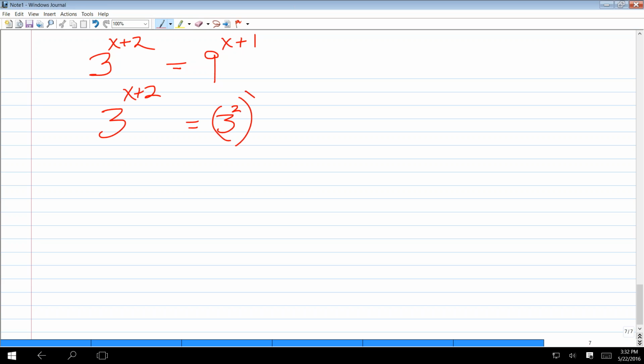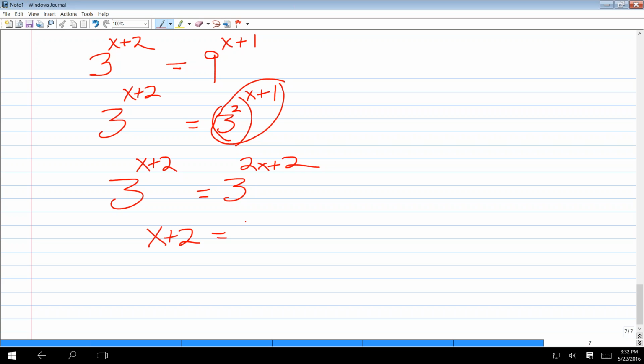Now I still have my x plus 1 power, but now I have some rules of exponents. Apply the rules of exponents. What's that equal to? 3 to the 2x plus 2. Now, if you have one number to an exponent equals the same number to a different exponent, you can equate the exponents.